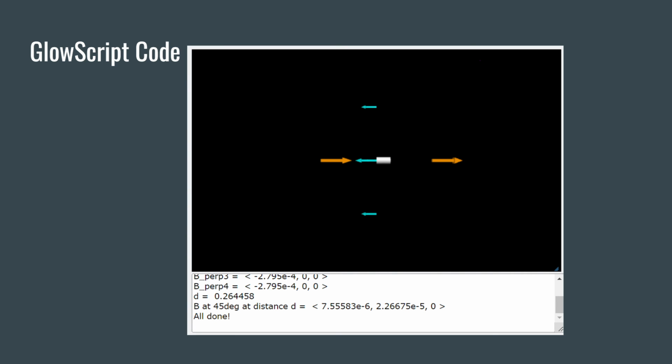When I ran my code, I was able to get the B at 45-degree distance at D equals 7.55583 times 10 to the negative 6, 2.26675 times 10 to the negative 50.